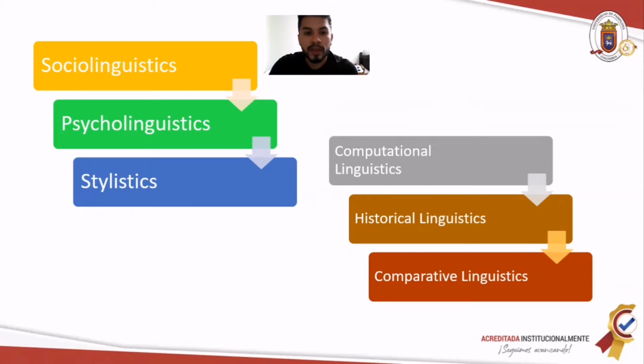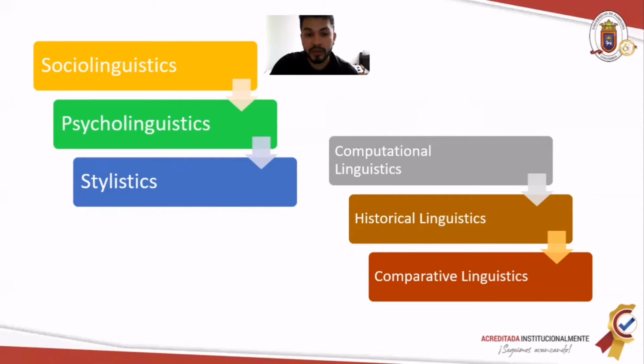We have computational linguistics, the study of spoken and written language in computation and programming. We have also social linguistics as the physiological aspects of language. We have comparative linguistics, the study of similar and dissimilar aspects of languages of common origin.